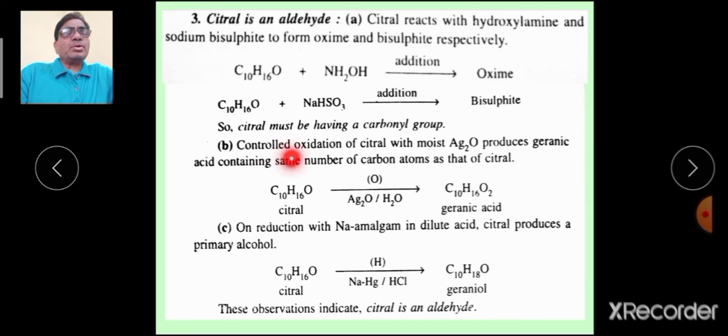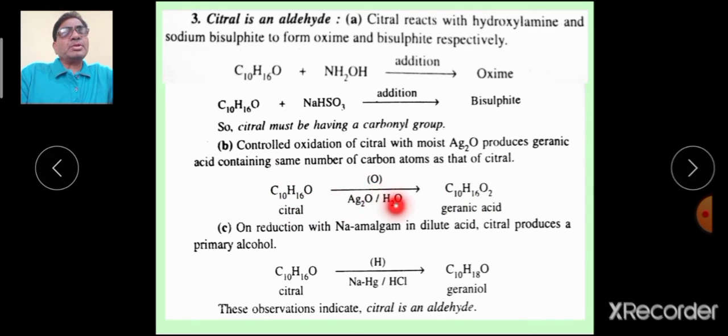Now, second reaction. Controlled oxidation of citral with moist Ag2O produces geranic acid containing the same number of carbon atoms as citral. Oxidation does not lose any carbon atom. Therefore, this is the 10 carbon atom skeleton of citral.